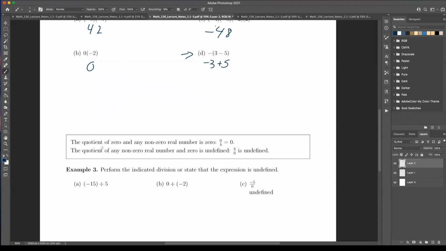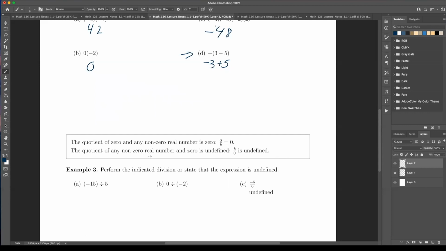A quotient of 0 and any non-zero number is 0. So 0 over b is always 0. If I have 0 sevenths, I have no parts of the seventh part of a pi, right?